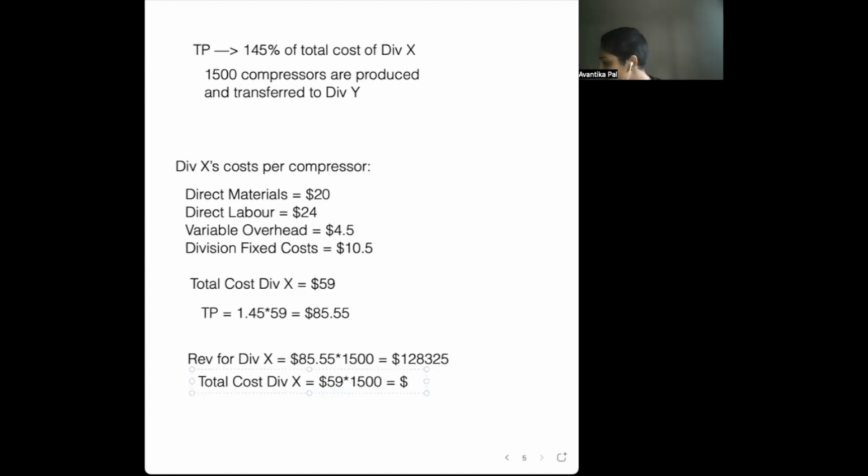And the answer is 88,500. So now to find your operating income, you just do revenue minus cost, and that gives you 39,825. So that would be the first question answered.